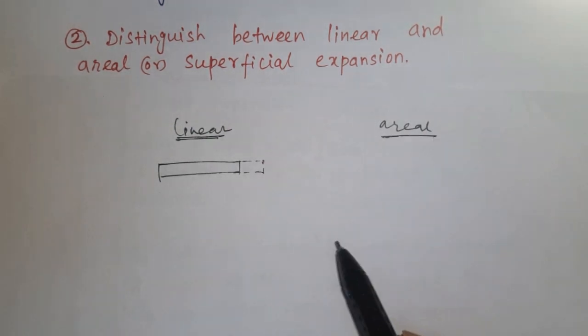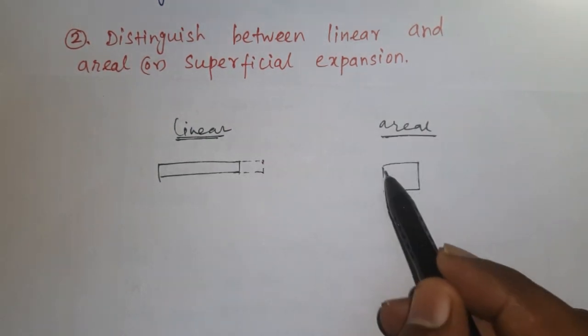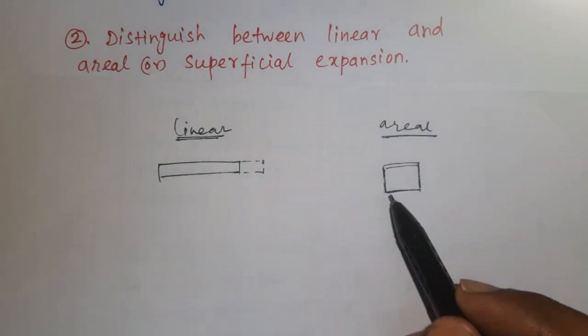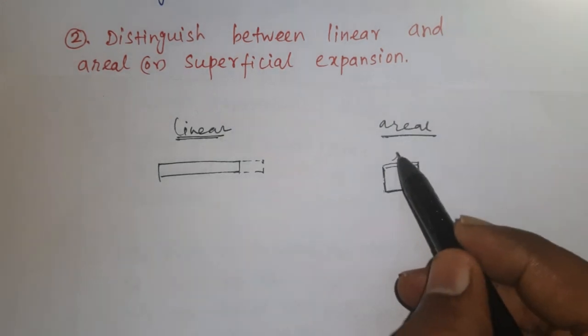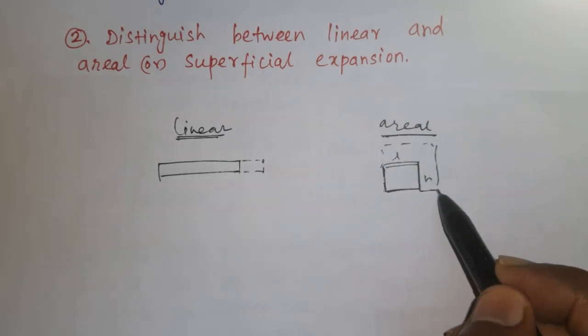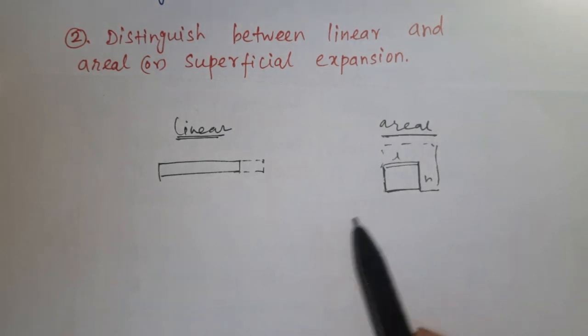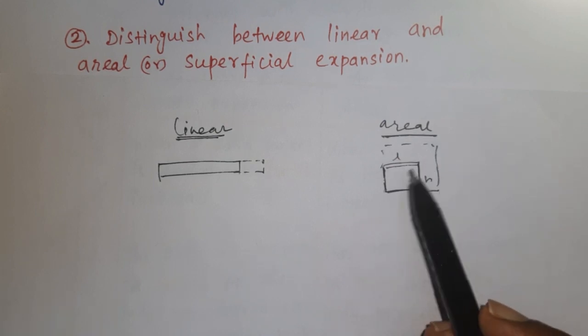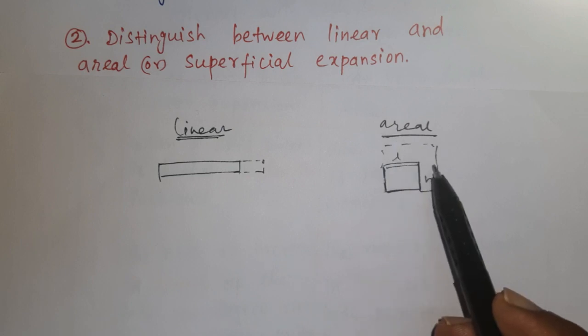Areal expansion means if you apply heat to the object, that object increases in area. That means length and breadth both increase. So the area increases. Due to the heat applied to the object, if it increases in area, that is areal expansion.